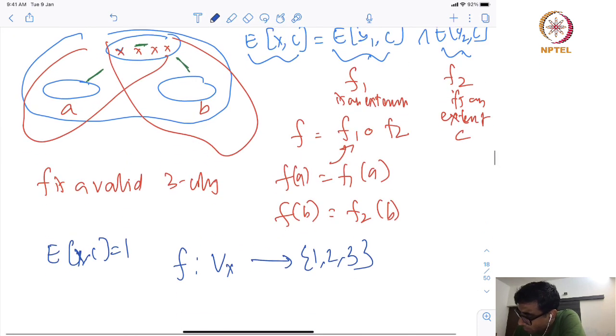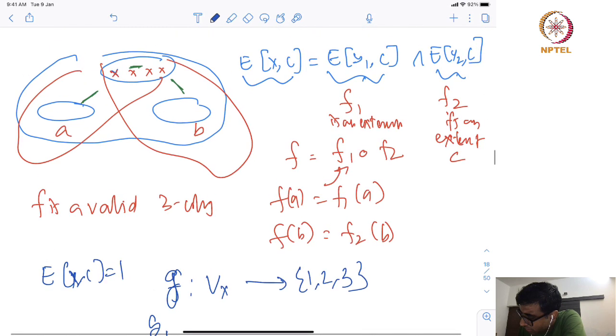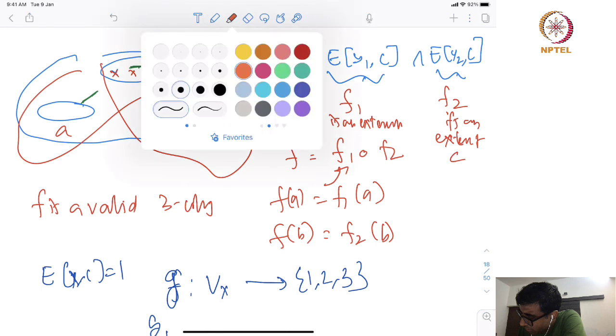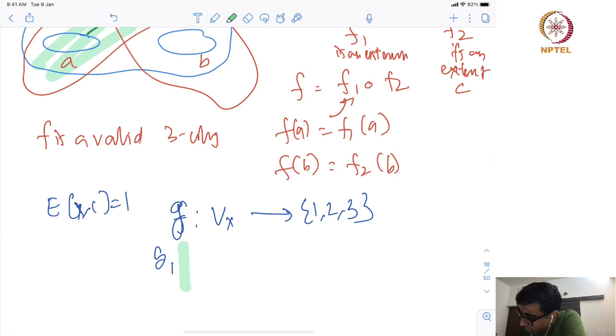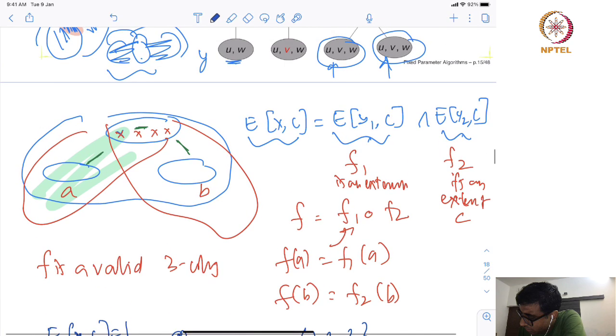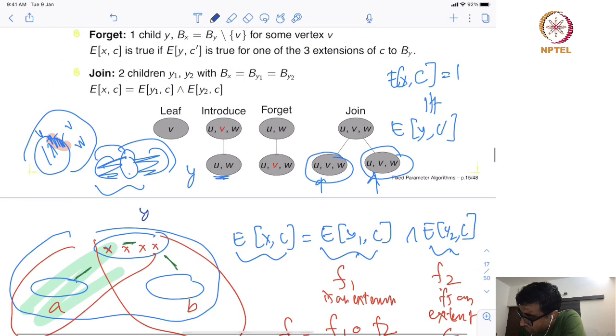Now look at this coloring; let's call it Z. Look at a G1 coloring which is restricted to this side. Suppose this is y and these are y1, y2.